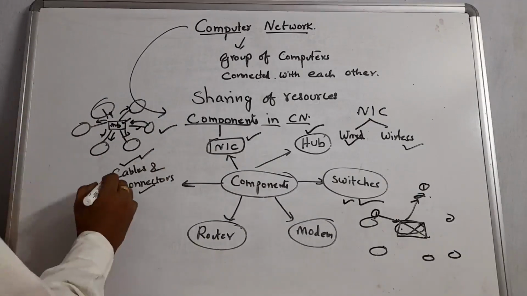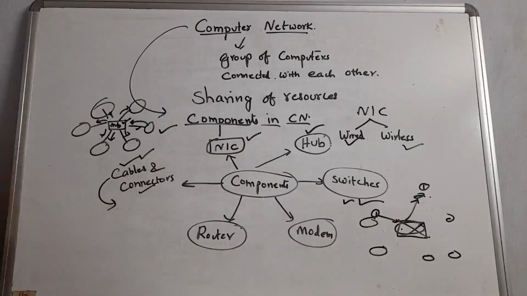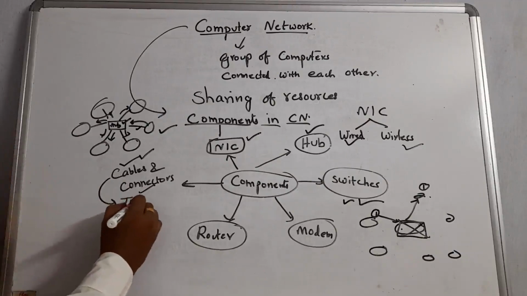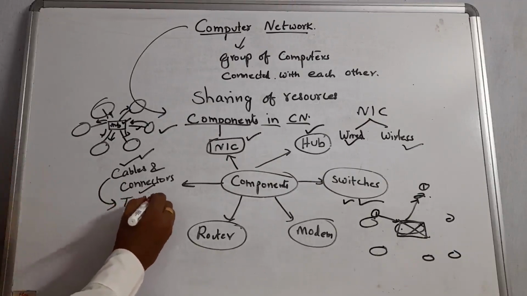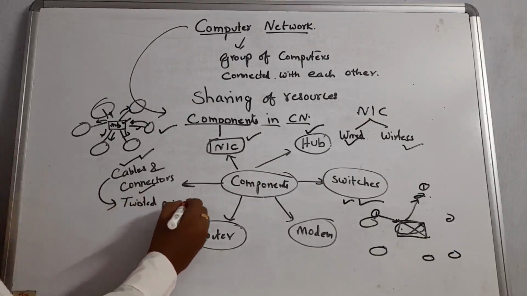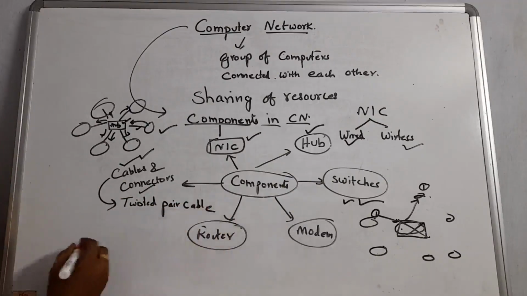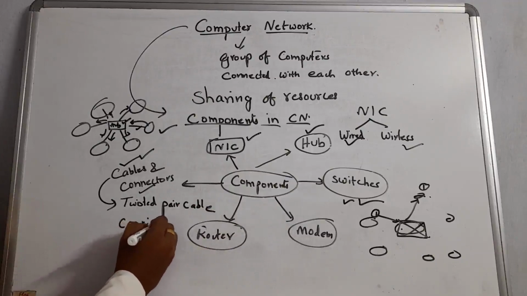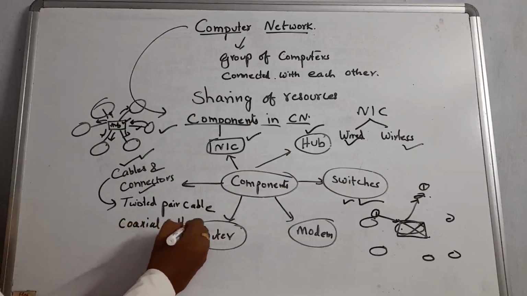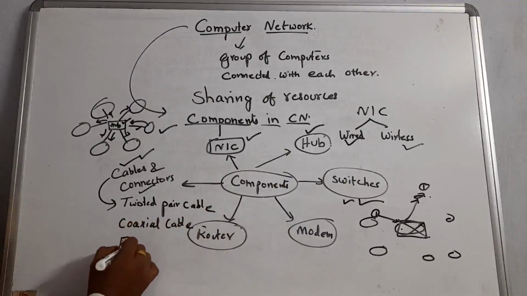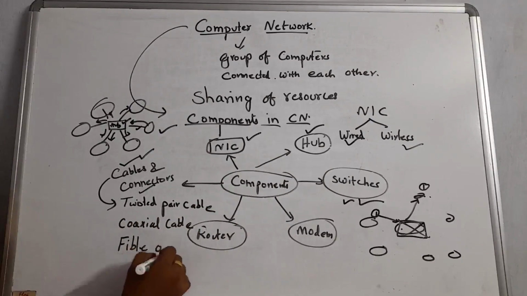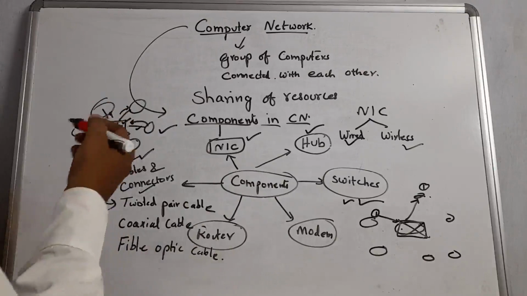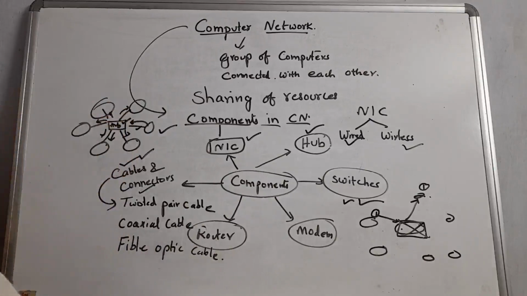We have different types of cables: twisted pair cable, coaxial cable, and fiber optic cables. For the transmission media, we use different types of cables.